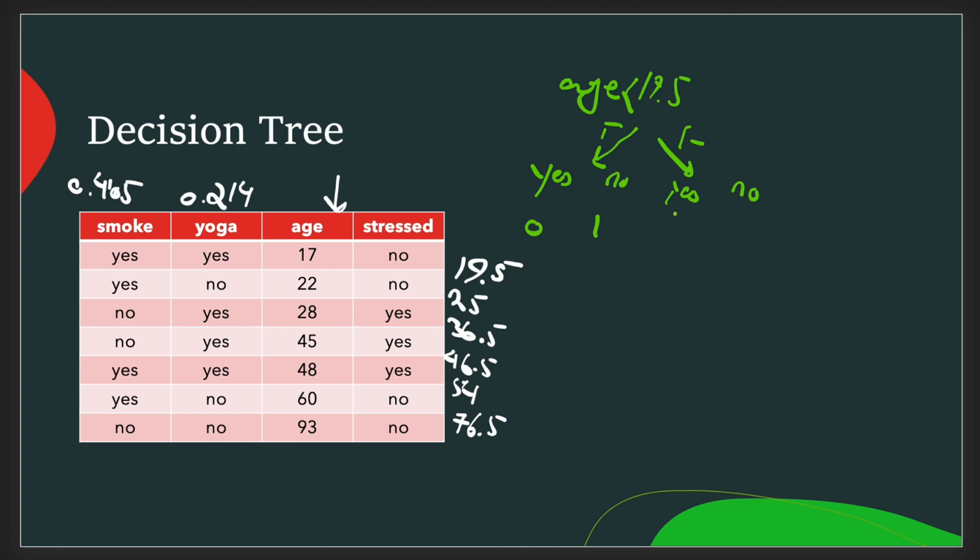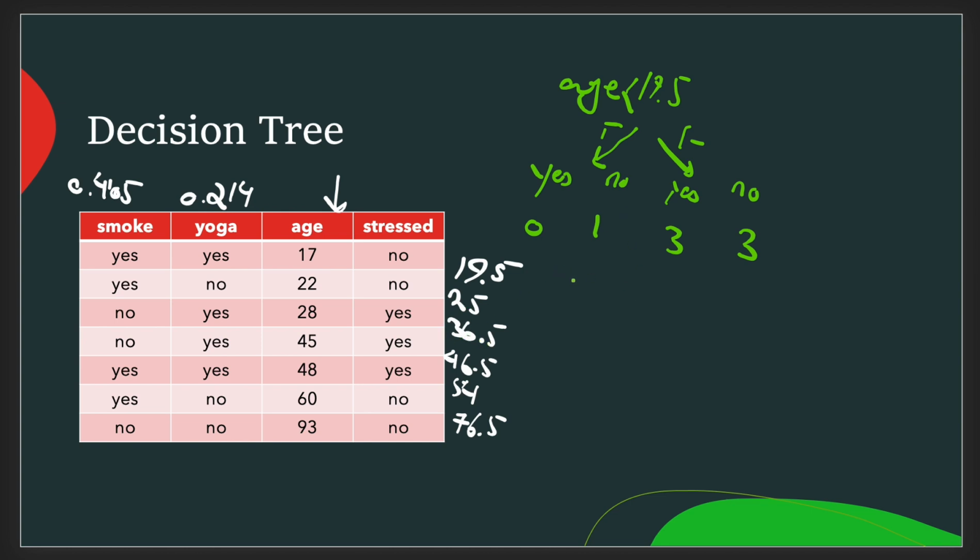If they're not, then you can calculate whether they're stressed or not: 3 people are not, and 3 people are actually stressed. Then you can calculate the Gini impurity for these numbers, and repeat the same for age less than 25 and then age less than 36.